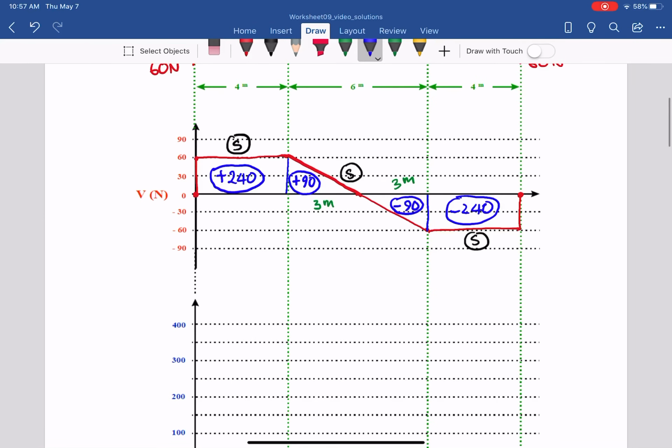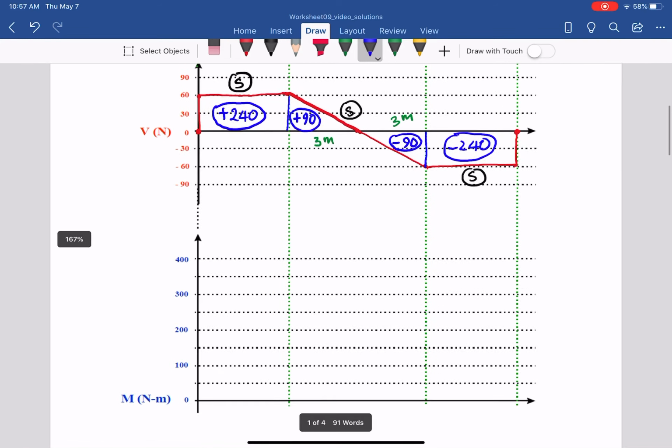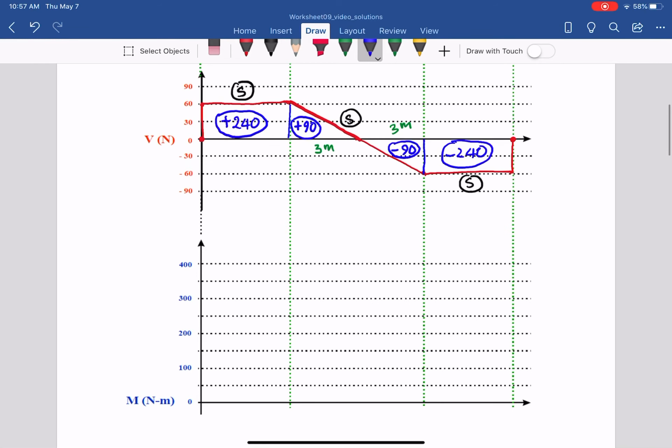So go to the moment diagram. For the moment diagram, look at the shear diagram. The change in moment equals the area under the shear curve. So 240 for the first 4 meters.